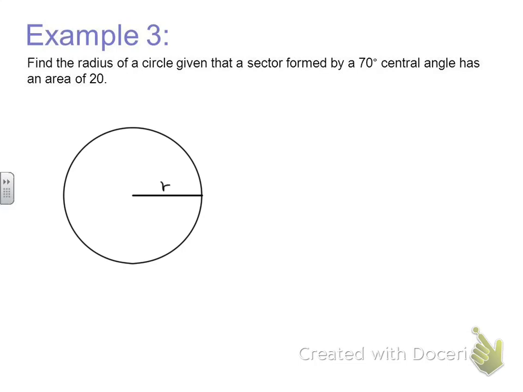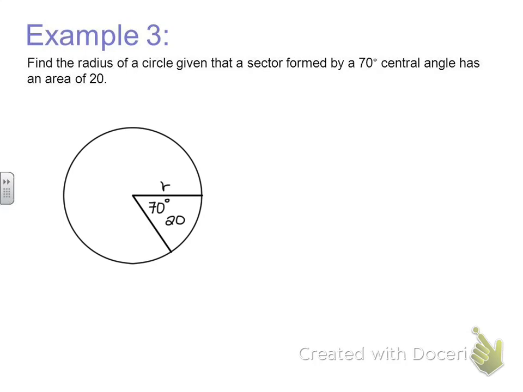But I'm told that a sector with a central angle of 70 degrees, so something kind of like this, with 70 degrees in that central angle, has an area in here of 20.